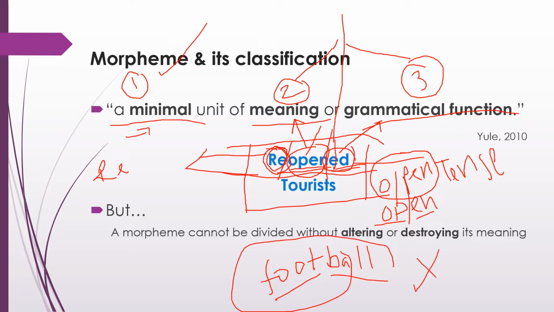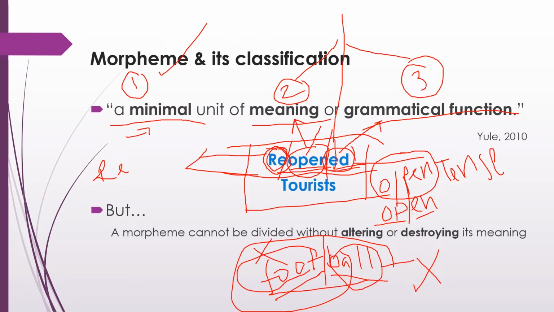We cannot say there are two morphemes in here, because football refers to a particular object which has a round shape. But when we refer to foot and ball as two different words, it actually changes its base meaning. Foot refers to one thing and ball refers to another thing. So we cannot separate this particular word into different morphemes. Rather, we should say that this is a single morpheme. There is only one morpheme in this particular morphological unit. So that's what we are referring to.